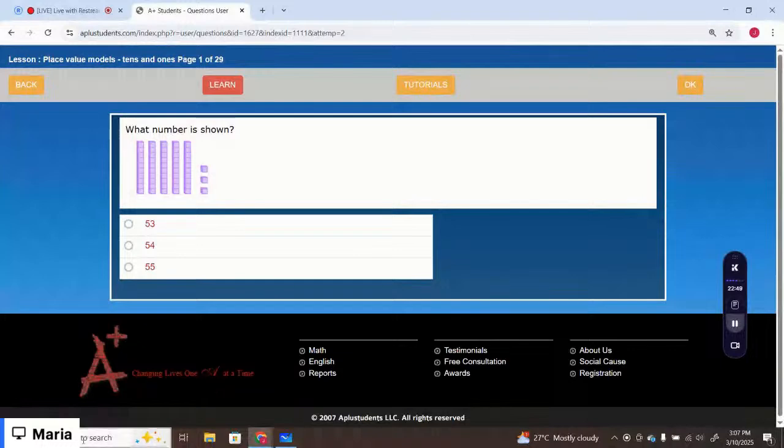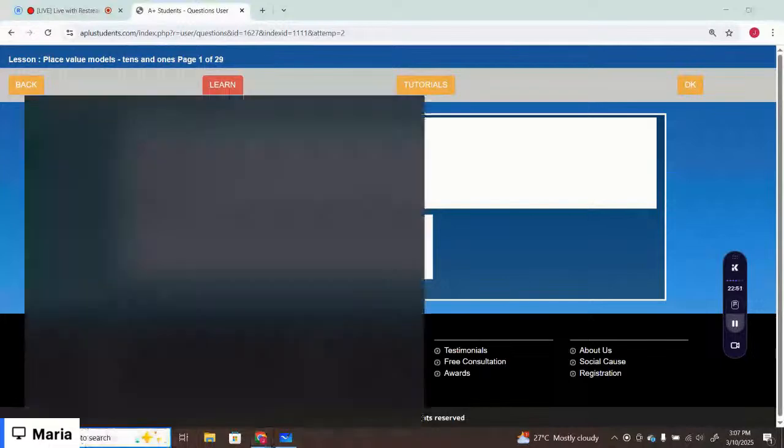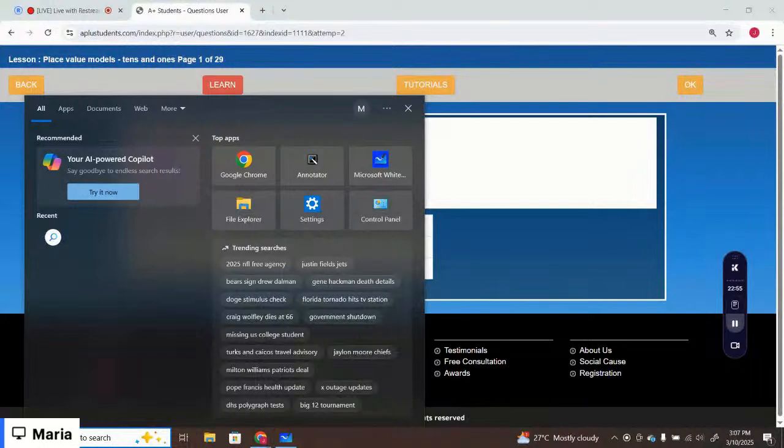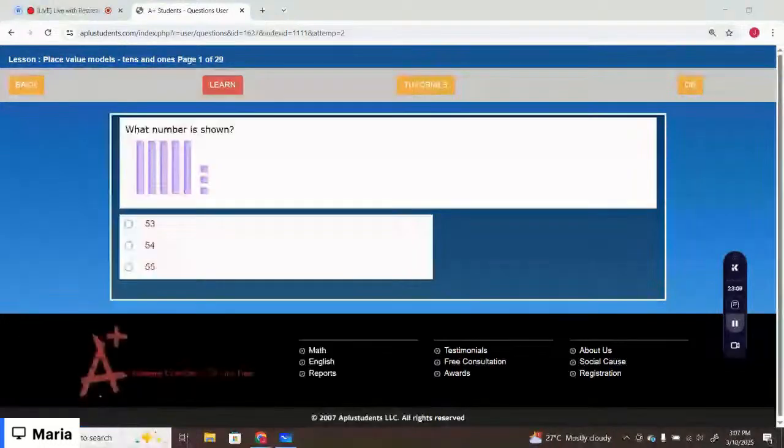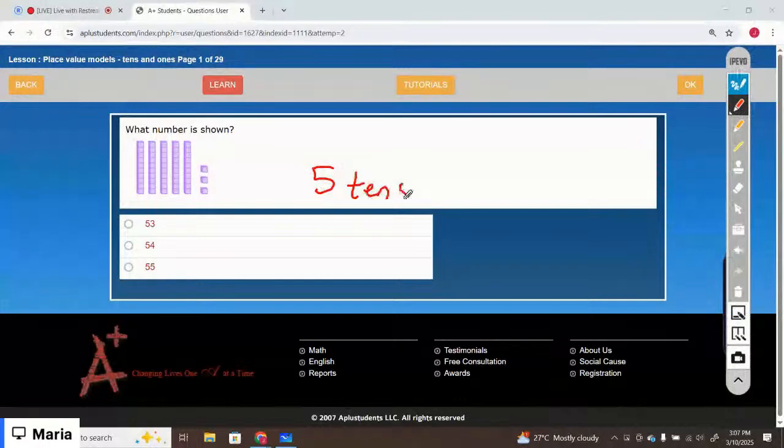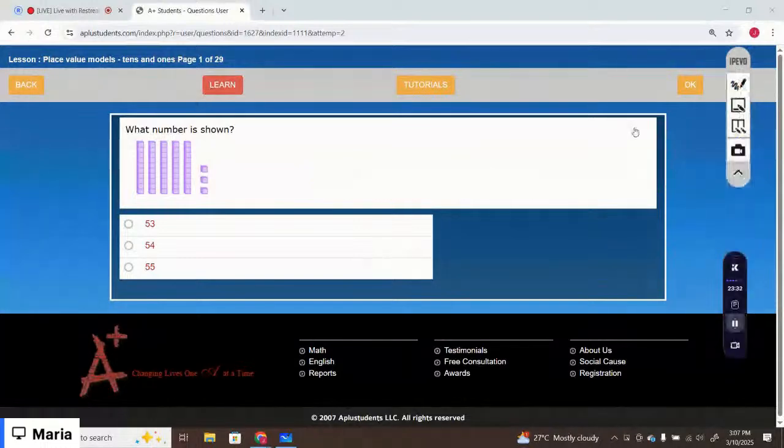So the figure has 5 tens, and 3 ones. The model has 5 tens and 3 ones. So together they make 53. Option number 1 is the correct option, and that is 53.